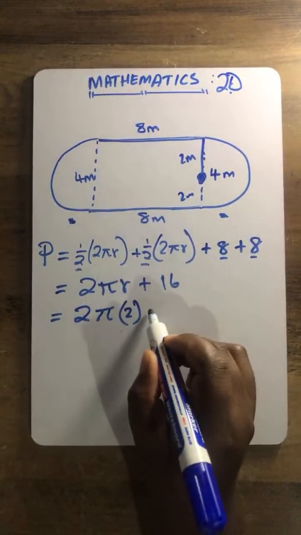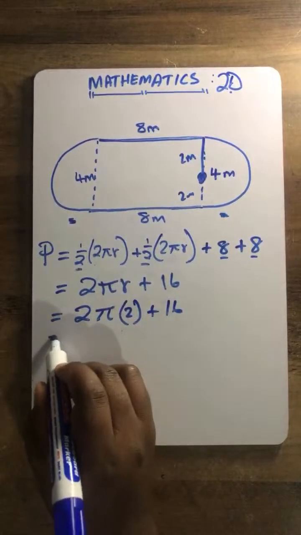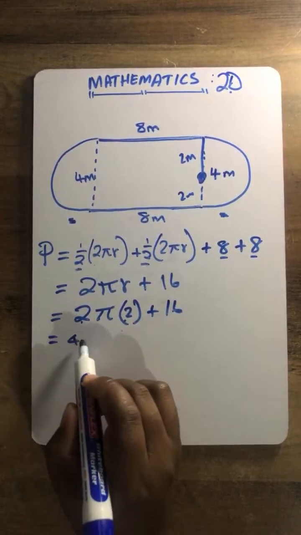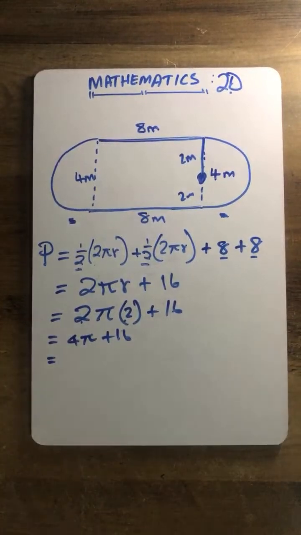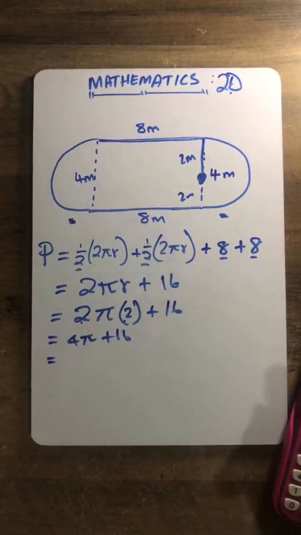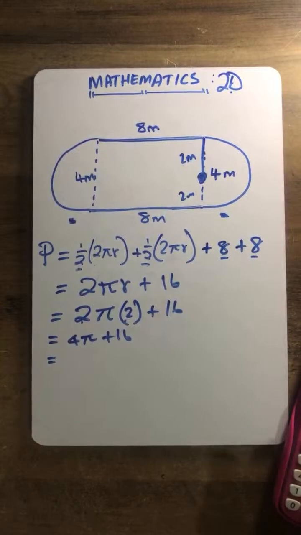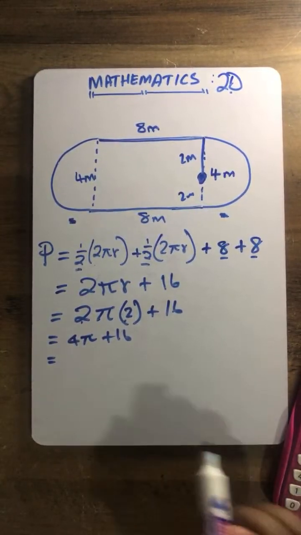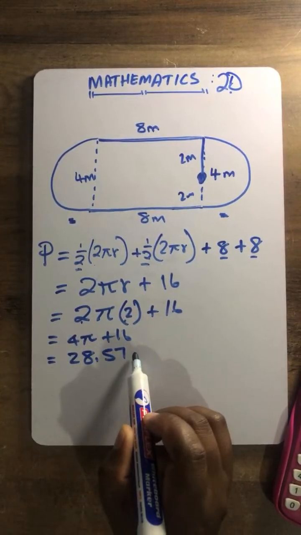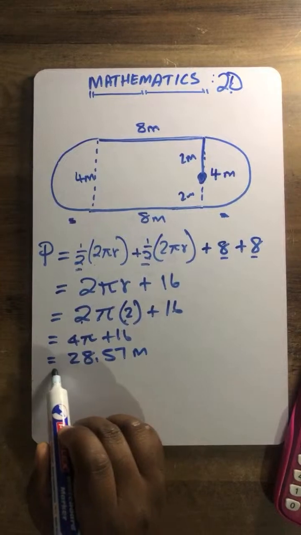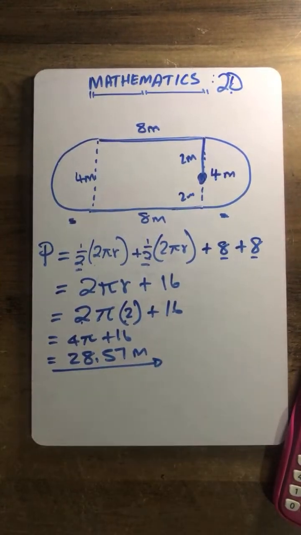So that means your r is that. That means you have 4 pi that you must plus it with 16. You punch it on a calculator. That's how you get the answer. You have 4 pi plus 16. And then you get 28.57 meters as your perimeter.